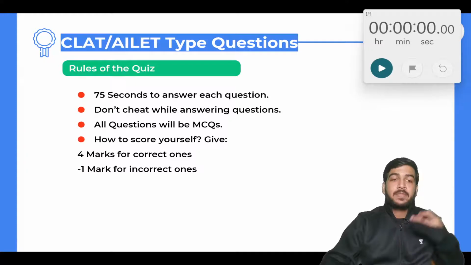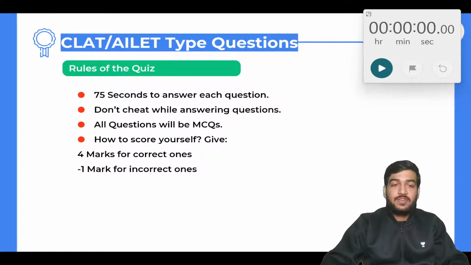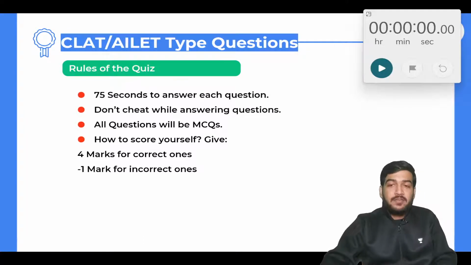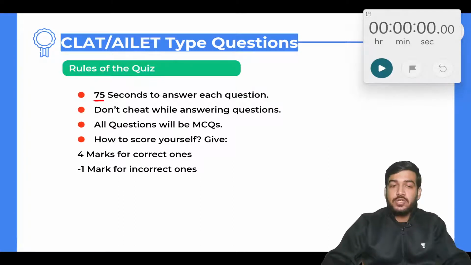So with that, let's come to the rules of the quiz. We will be doing CLAT type of questions today, one-liner questions. I will be giving all of you 75 seconds to answer the question. Please don't cheat during the questions, don't Google search them. All the questions are MCQ.